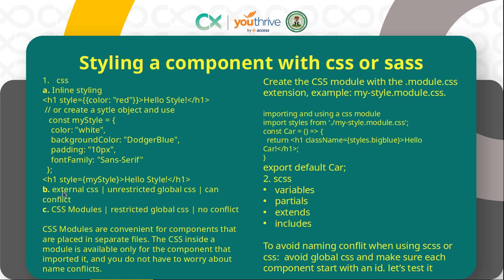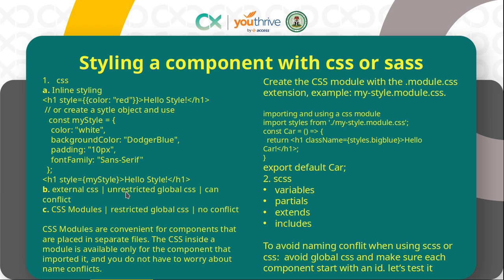So external CSS, just like our normal external CSS in our vanilla, we have the type of CSS. Now in our external CSS in our HTML, I told you that we should avoid using global selector. Like you want to select a p tag, now just say p. So except you want all your p tag to have the same styling.